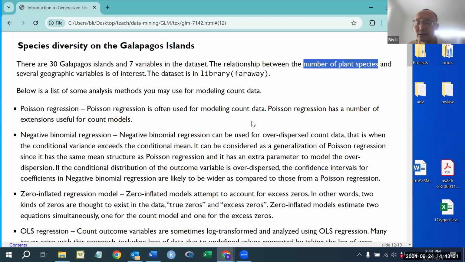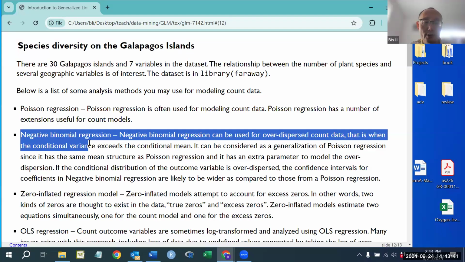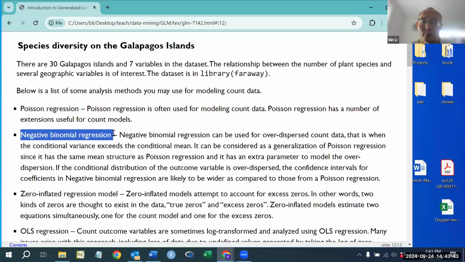And we should consider something like a Poisson. Okay, so Poisson regression, of course, is a choice. But there are some other choices like the negative binomial. Negative binomial is similar to Poisson, but it's more complicated. Actually, Poisson regression can be considered as a special case.